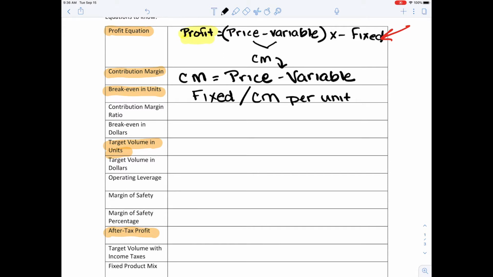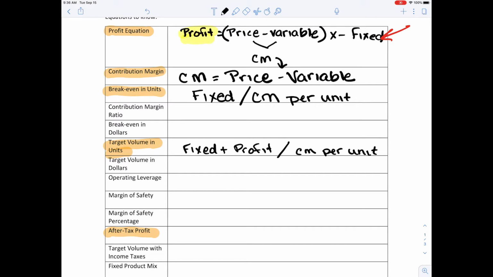And since we want it in units, we're going to divide by units. So I would say this is my fixed cost plus whatever profit I want to earn, and I'm going to divide that by my contribution margin per unit.